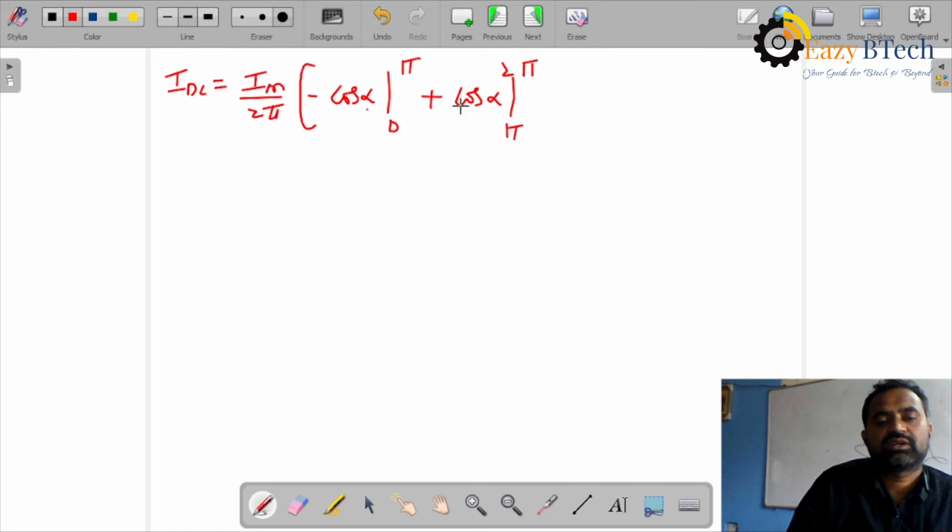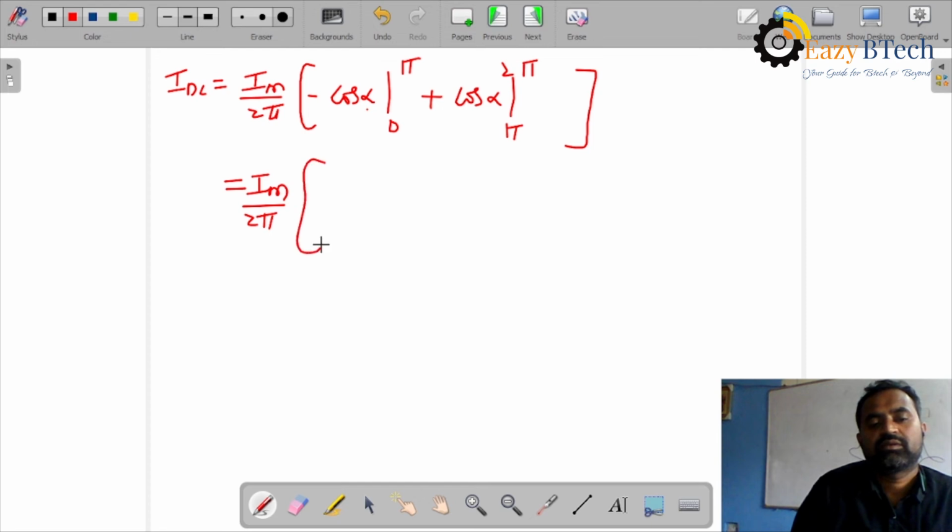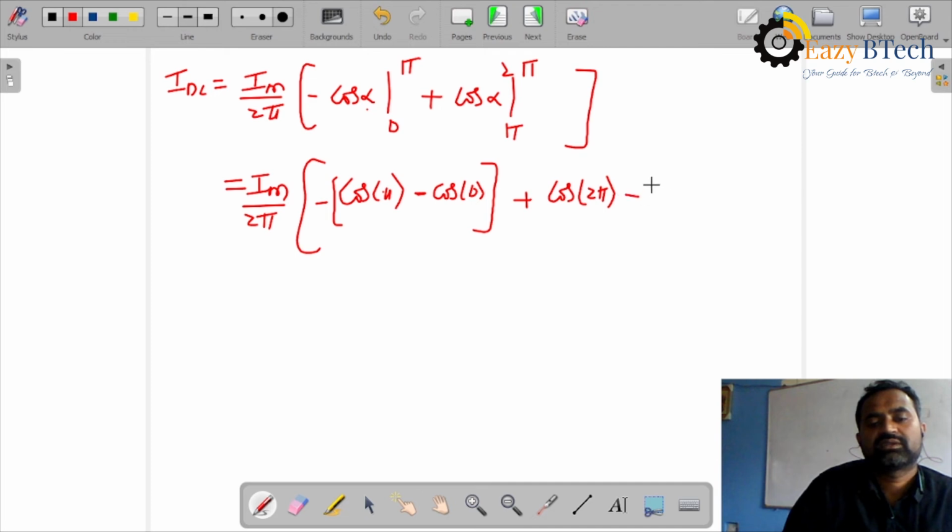Okay, substitute that interval inside. Now Im by 2 pi, minus cos pi minus minus cos 0, plus cos 2 pi minus cos pi.